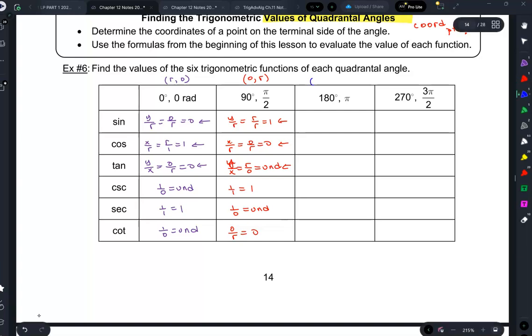So for the 180 degrees, my coordinate was negative r comma 0. And here might be a good idea to pause and just do this column on your own and double check what I'm going to get, right? So go ahead and do that. So hopefully you did pause. Sine was y over r.